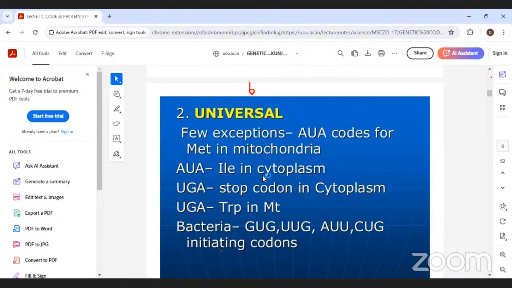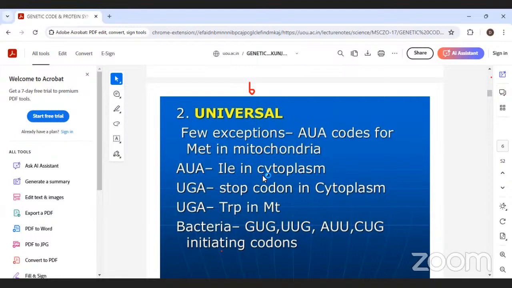By the end of 1960s, the total assignment of the 64 triplet codons was completed. How the codons were assigned, I'll explain.